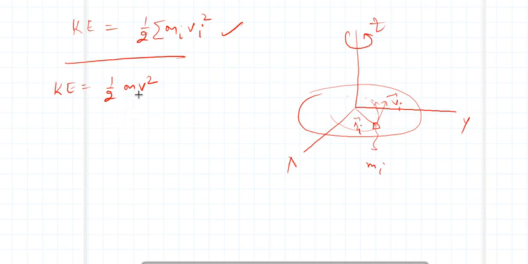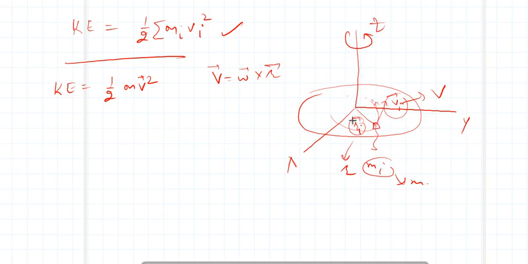Now this v is equal to omega cross r. So I am replacing this by r and this v by v simply, and this m for the single particle case. So v is equal to omega cross r, where omega is along that axis and r is along the xy plane.